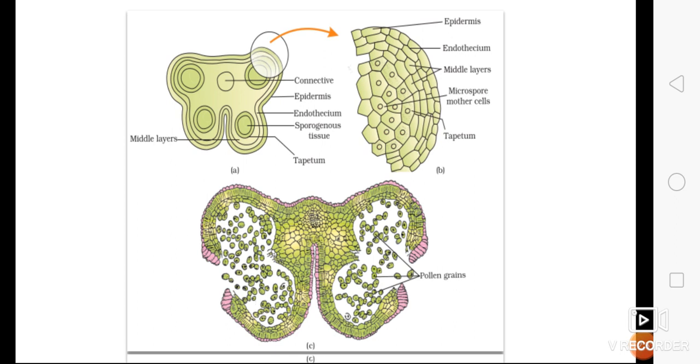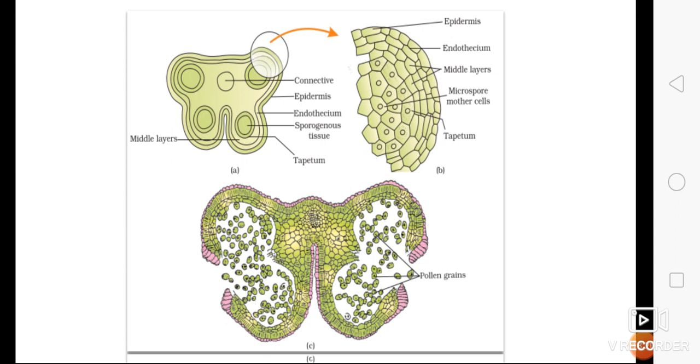They are known as microspore tetrad. Later these four microspores will separate from each other, and when they become mature they are known as pollen grains. There is another name for pollen grain, that is male gametophyte. What's the meaning of phyte?